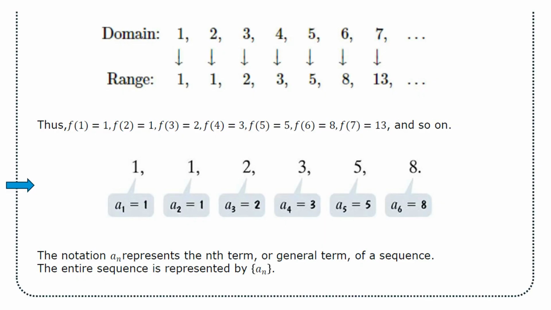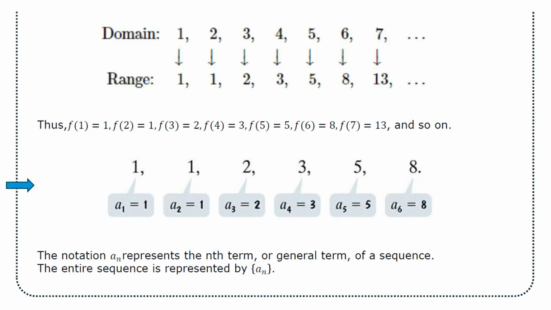All right, so a subscript 1 would be 1, because the first term within the function is 1. A subscript 2 would be 1 because the second term is 1. A subscript 3 would be 2 because the third term is 2.